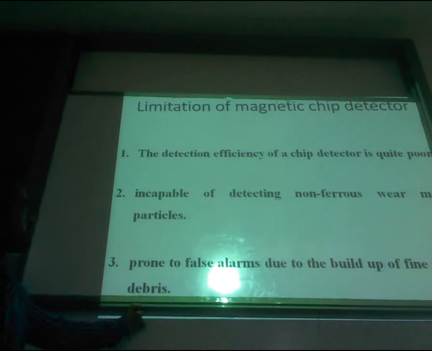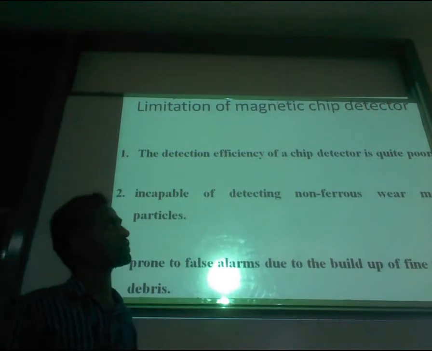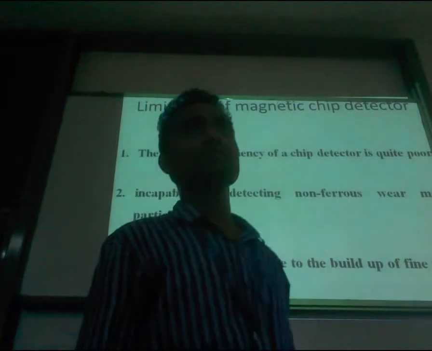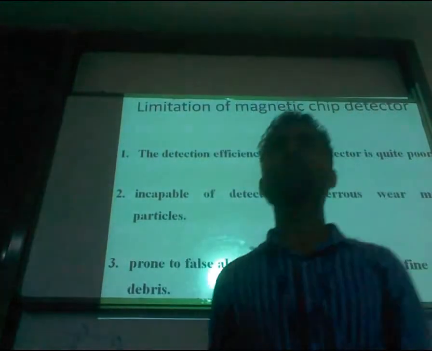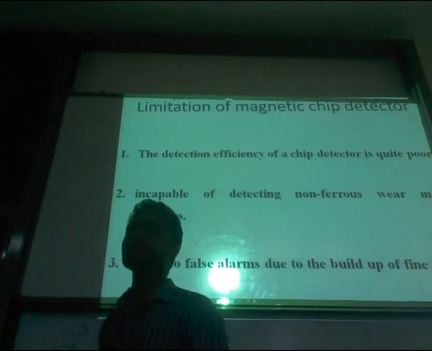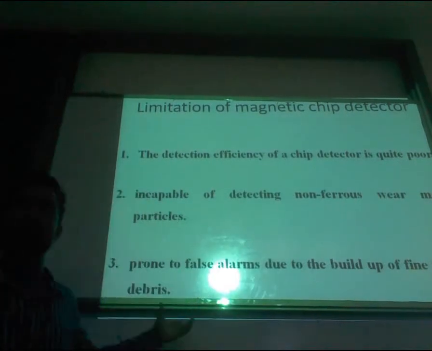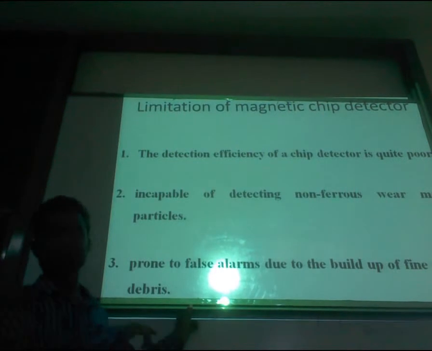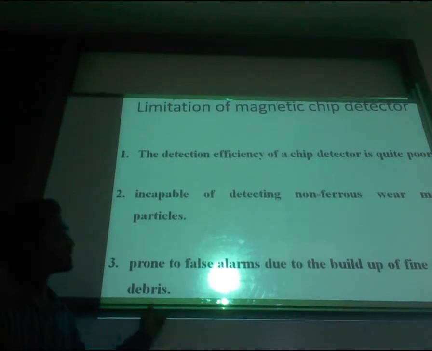The second is that it is incapable of detecting non-ferrous wear material. If non-ferrous wear takes place inside the engine, the magnet is not going to attract the non-ferrous material present inside the oil. This is the second disadvantage.